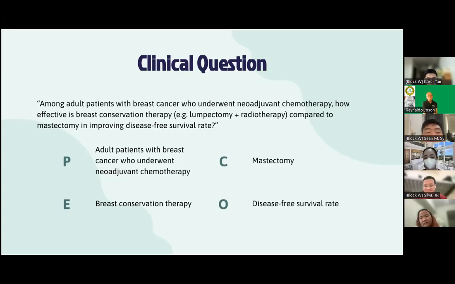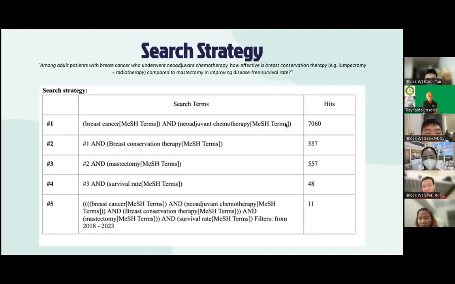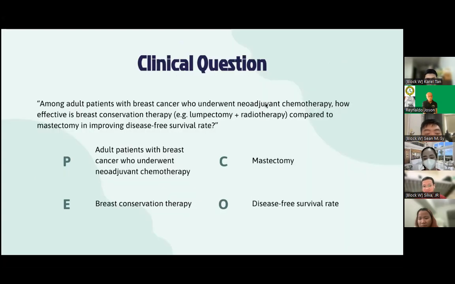So we came up with the clinical question: among adult patients with breast cancer who underwent neoadjuvant chemotherapy, how effective is breast conservation therapy compared to mastectomy in improving disease-free survival rate? Our population was adult patients with breast cancer who underwent neoadjuvant chemotherapy.